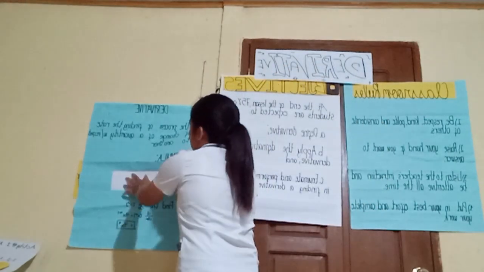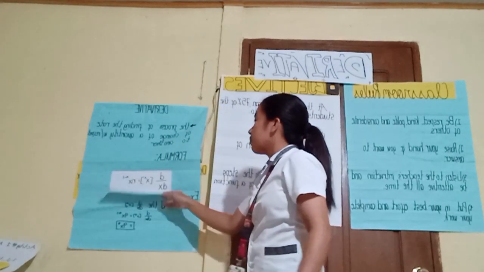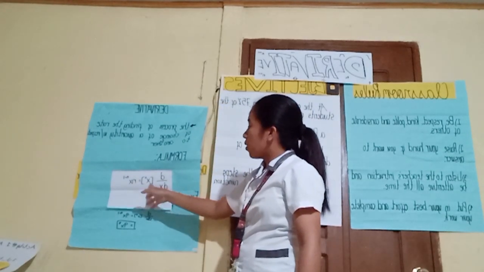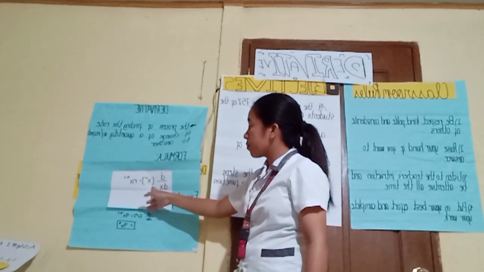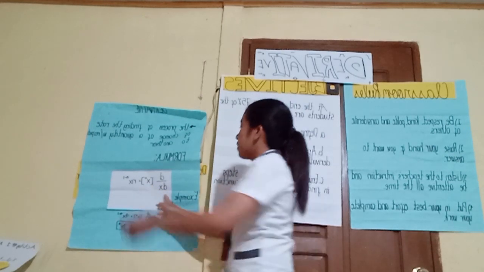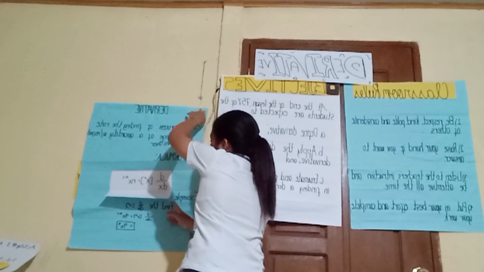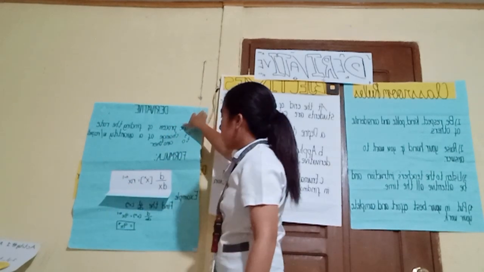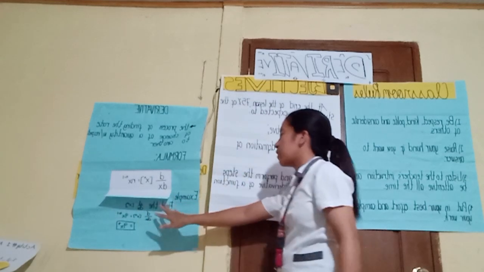The formula of the derivative is d over dx of x to the n equals n x to the n minus 1. This is the formula of the derivative.